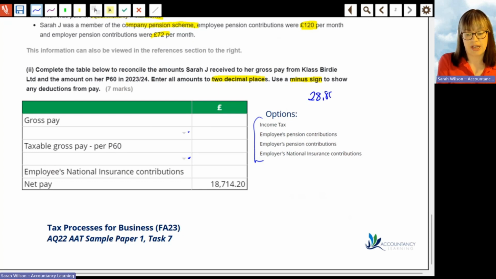Her annual salary is 28,800. We'll divide that by 12 months to get her monthly salary and multiply it by 10 to get her gross pay for the amount of time that she's worked in this tax year, which gives us 24,000. So that's going to be the first box that we can fill in here.